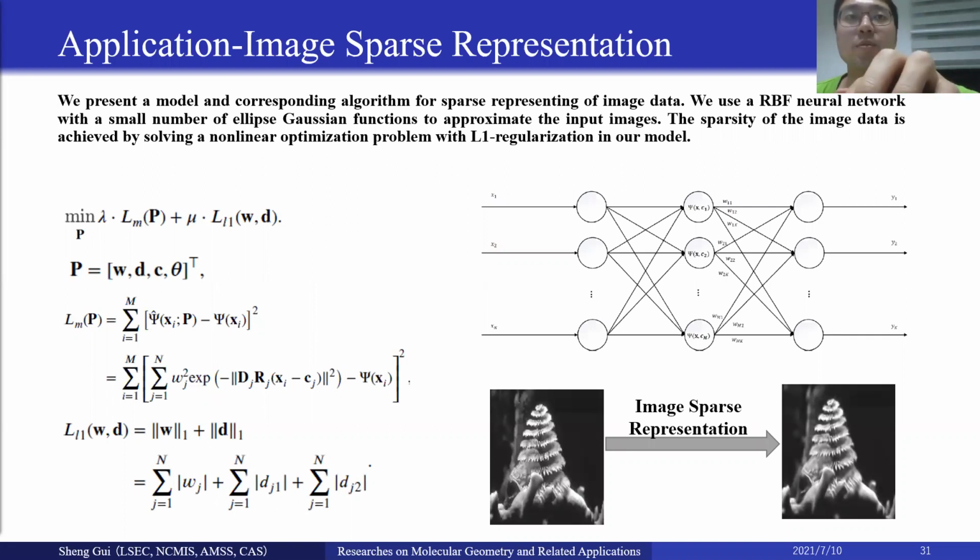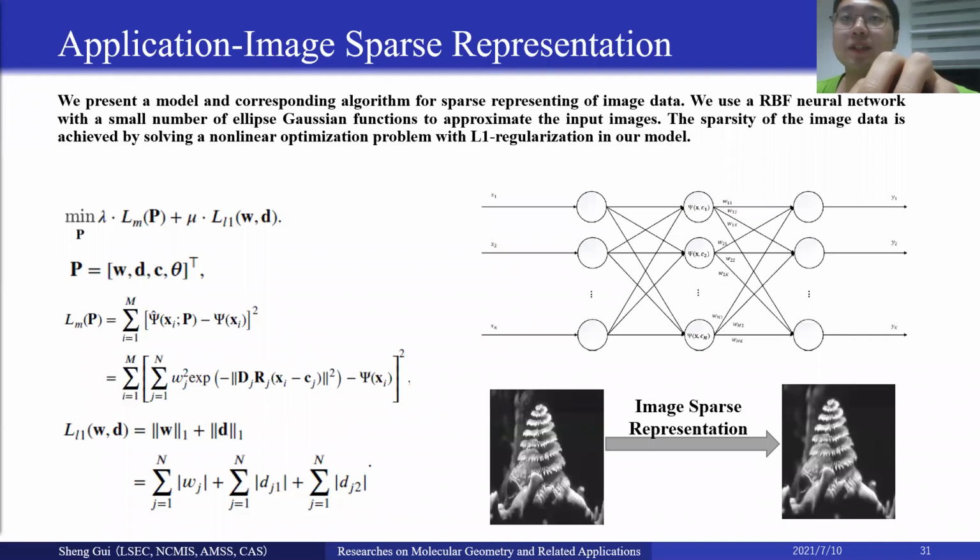Similarly to the previous method, we present a model and a corresponding algorithm for sparse representation of imagery data. We use an RBF neural network with a small number of elliptical Gaussian functions to approximate the input images.